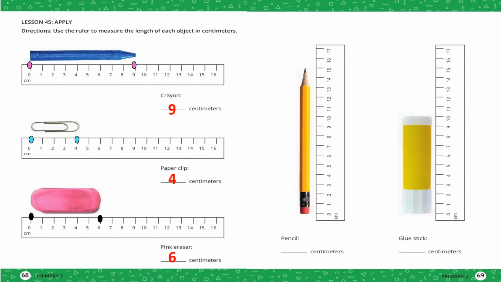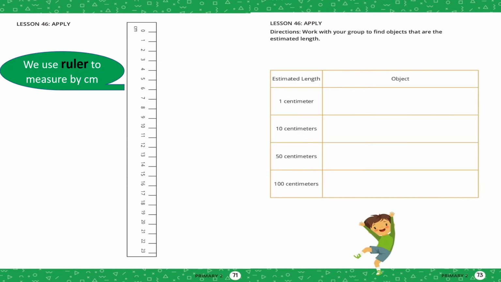And we have a pencil here. It starts from 0 to 15, so it's 15 centimeters. And our glue stick goes from 0 to 10, so it's 10 centimeters. Now let's apply. Here we have a ruler. We will use this ruler to measure by centimeter.